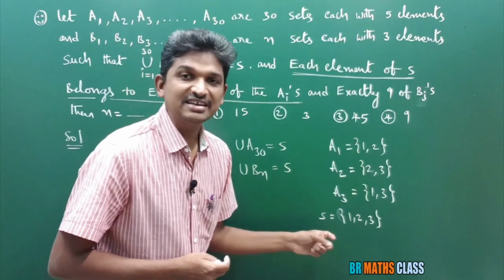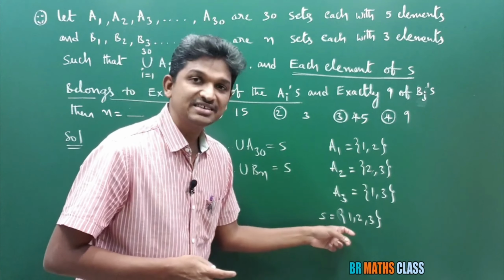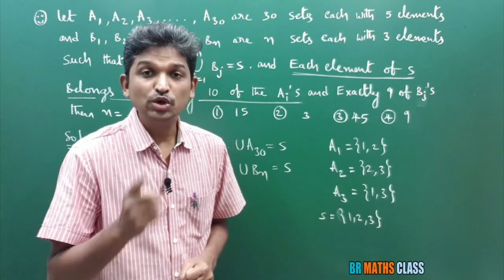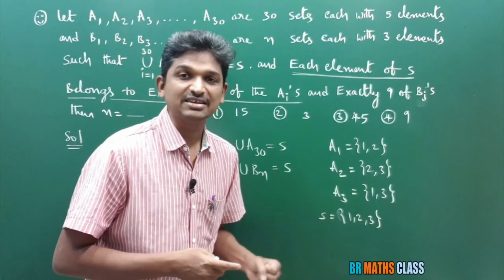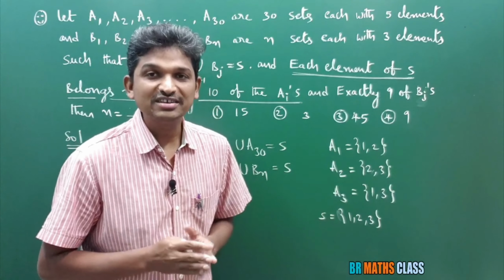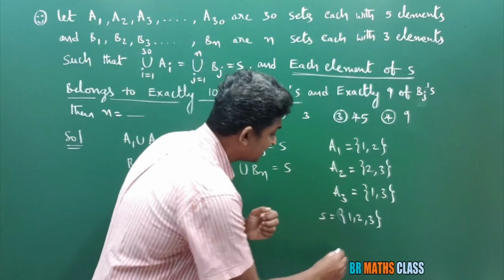Now, in this set S, how many elements are there? 3 elements. To calculate the number of elements in S, we have a formula. Here, in total how many sets are there? 3 sets.